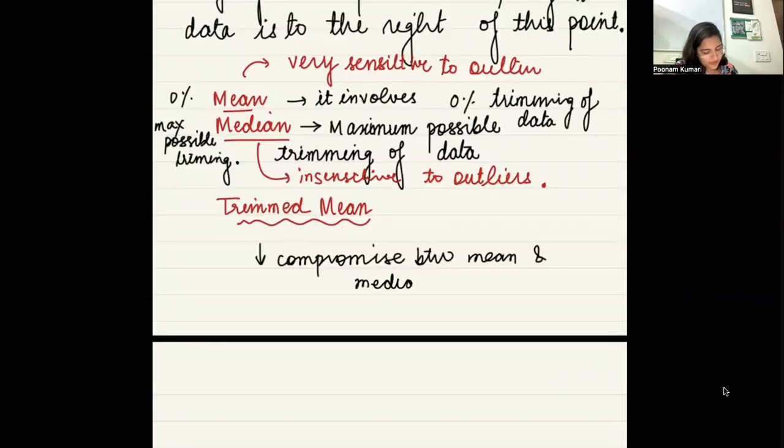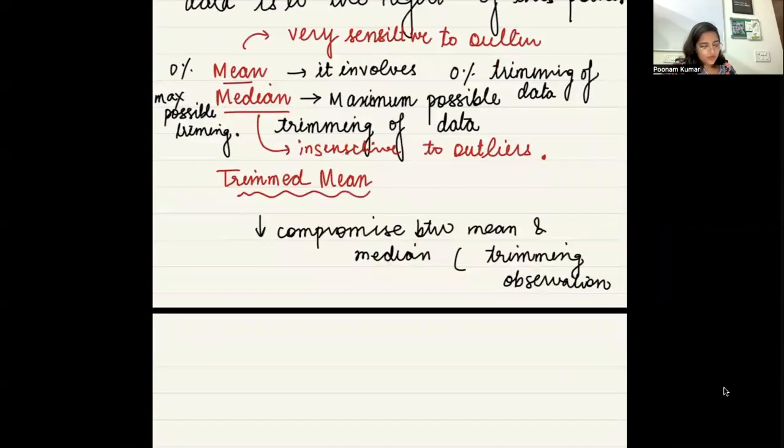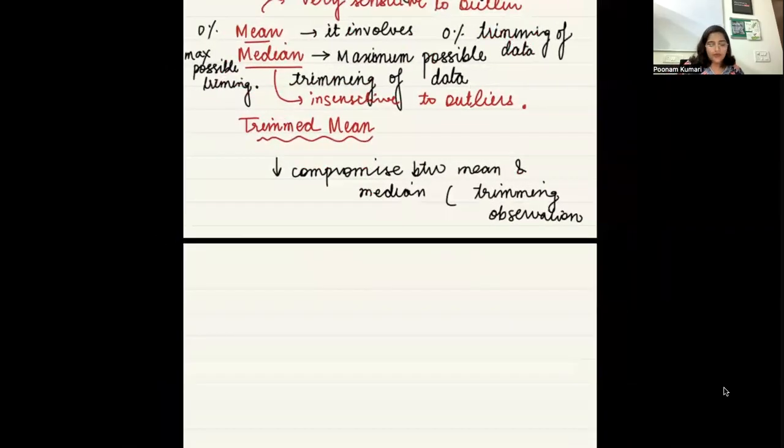And what do we do in this? We trim some observations. If somebody tells you that you have to do 25% trimming, or 10% trimming, or 20% trimming, or 5% trimming, people will have to give us numbers.